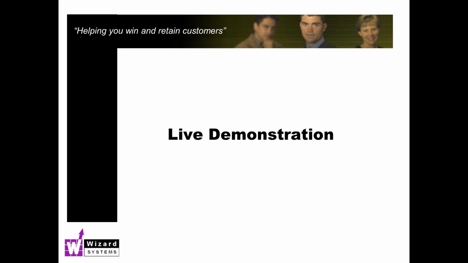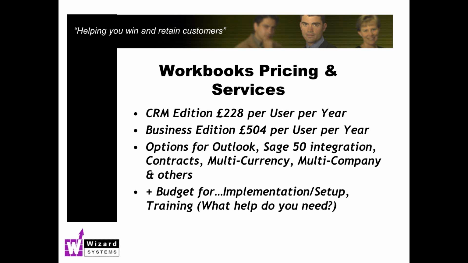Right, so back to my slide presentation, and just to summarize the pricing of Workbooks here. So we've got the two different editions I mentioned earlier, CRM Edition or Business Edition. You pay for Workbooks on an annual basis.